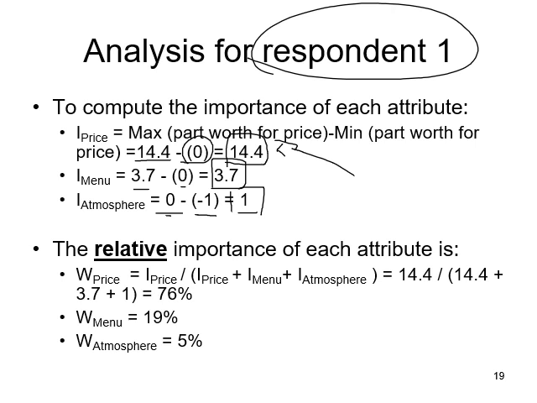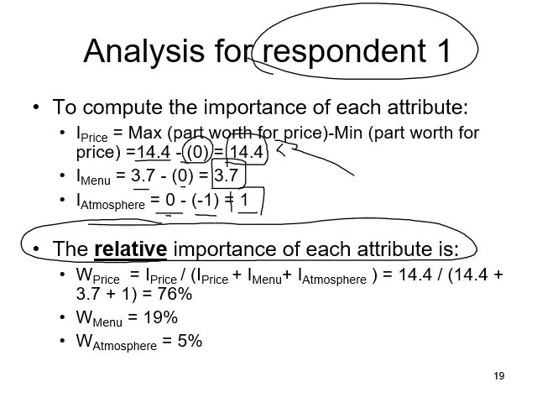And then the relative importance, if you want to see how important attributes are relative to each other, what you do is you just compute the ratio between each of the importances that we just computed and the sum of all the importances, which you have over here.